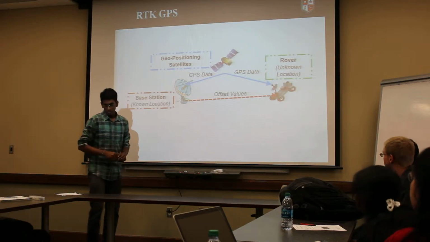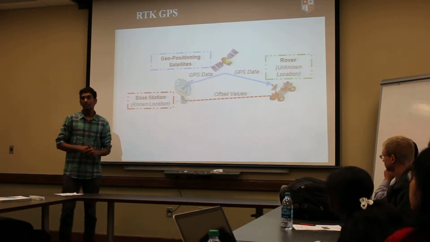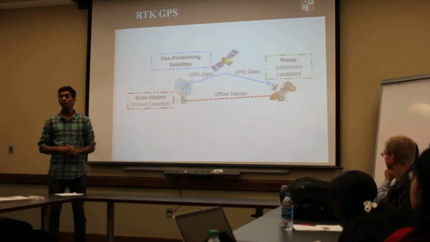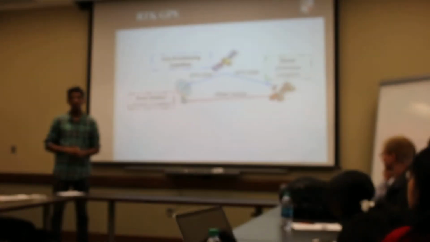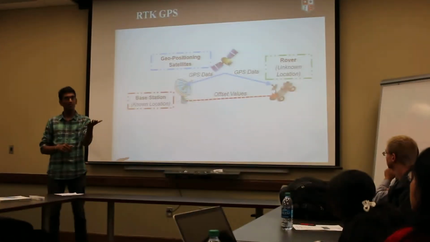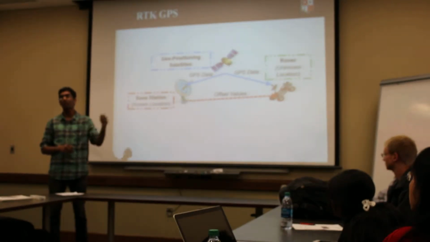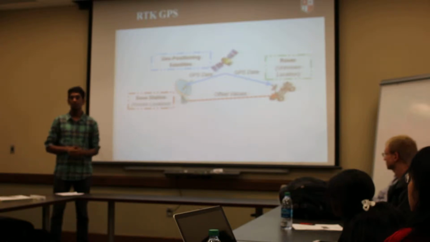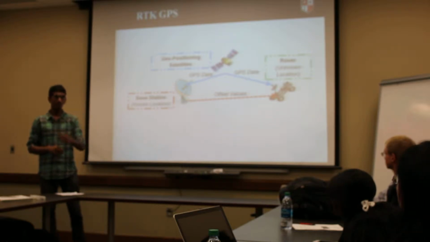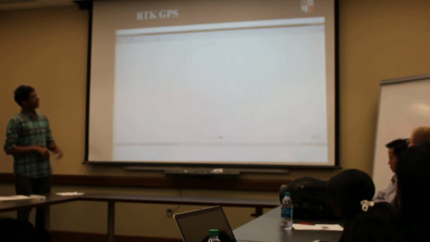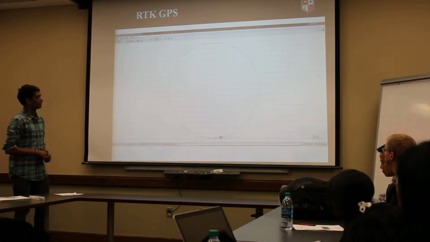Okay. So surprisingly, when we built this RTK GPS system, we were able to actually see accuracies up to 5 centimeters. If I have a GPS receiver in my hand and I move it by 5 centimeters, I could see the change on the system. I can show you one of the plots of this RTK GPS.